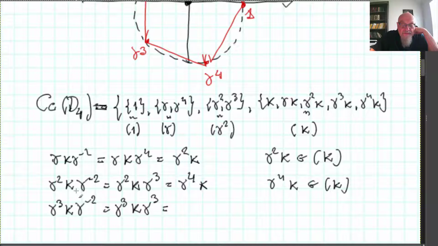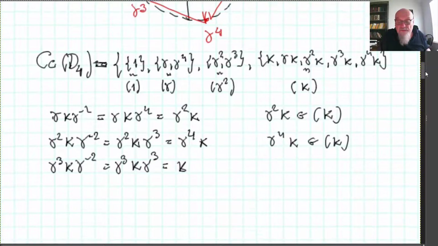Very good. Here it's minus 1, minus 2, so this is 3, I'm getting minus 2, and I'm getting 4. Very good, so this is equal to kappa. And now let's do the 4.